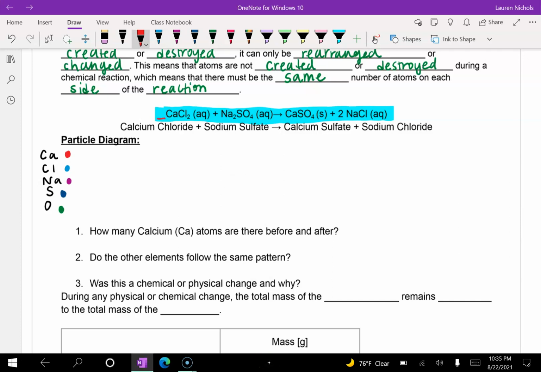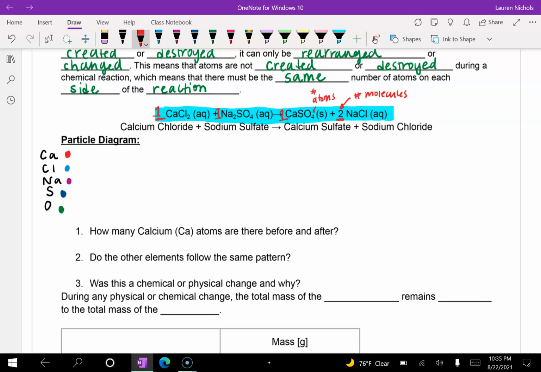Now remember, there's no number in front as a coefficient, so that means we have just 1 molecule of calcium chloride, 1 molecule of sodium sulfate, 1 molecule of calcium sulfate, and 2 molecules of NaCl. Remember, the coefficient tells us the number of molecules, and our subscripts, these smaller numbers, tell us the number of atoms in that molecule.